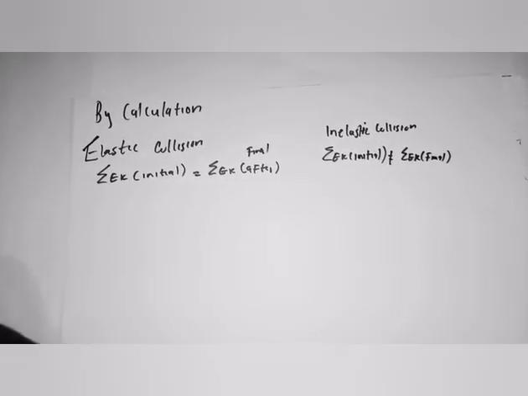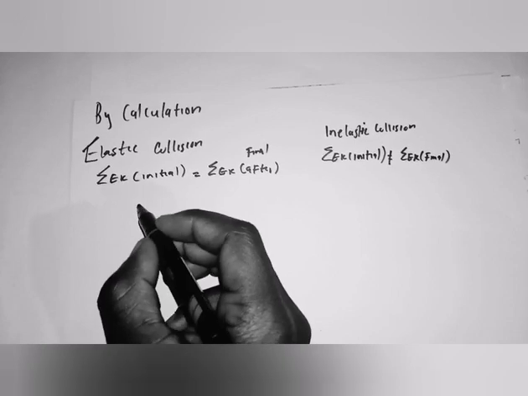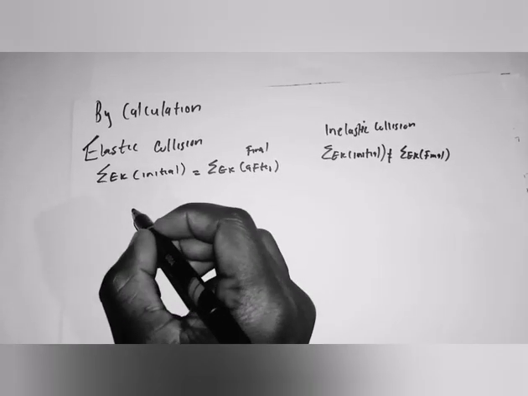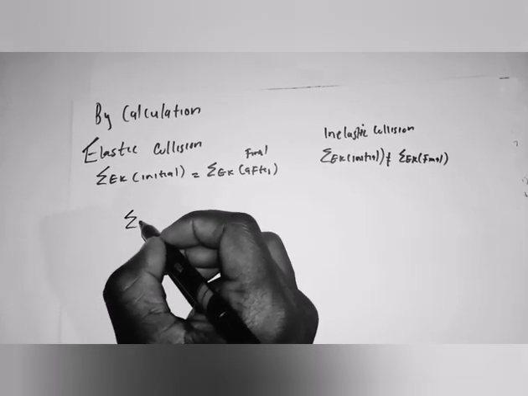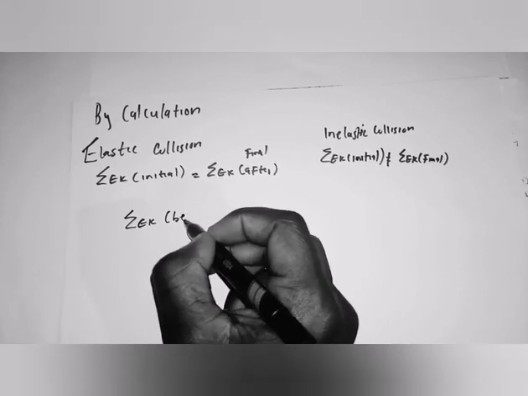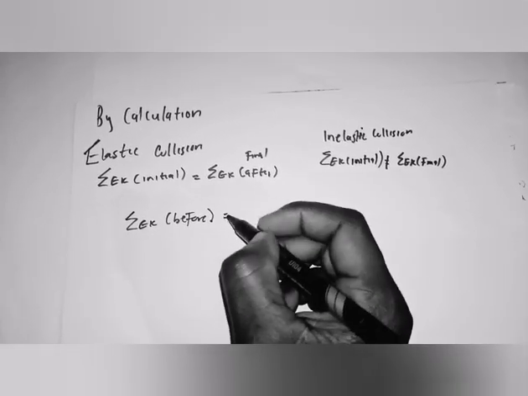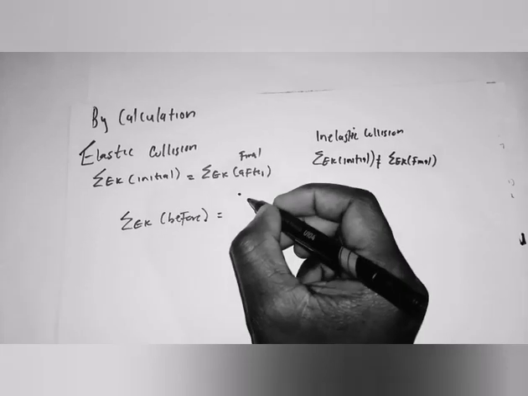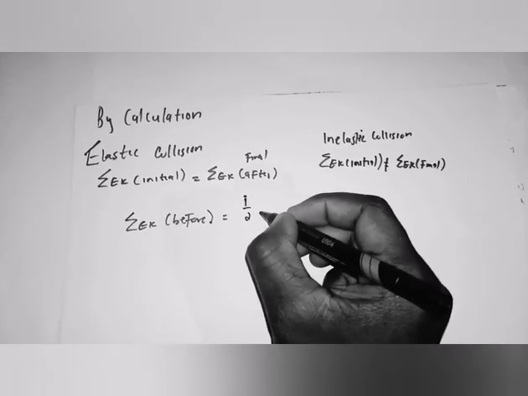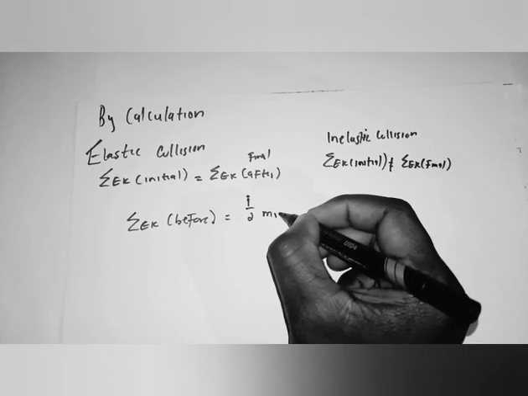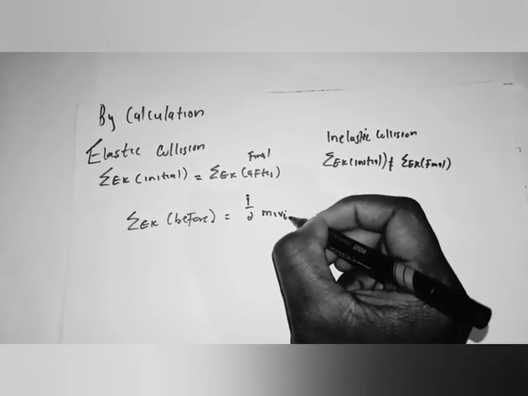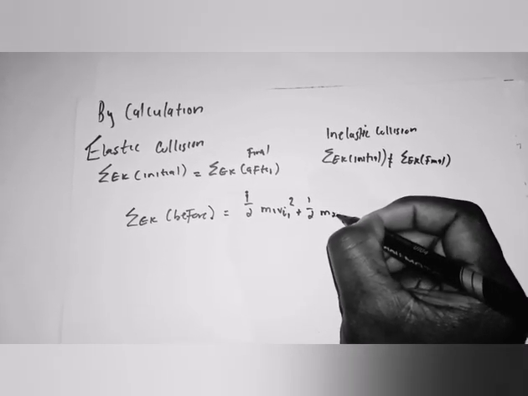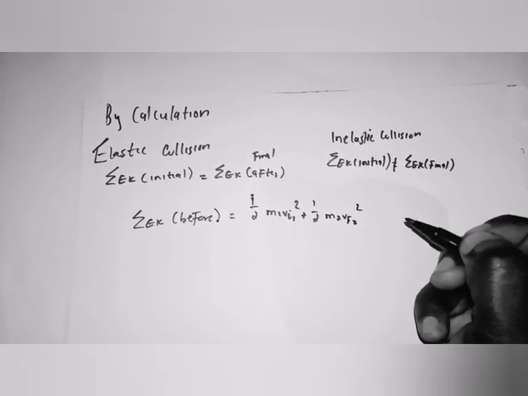So by performing a calculation to prove if a collision is elastic, the first thing that you must do, you calculate sigma EK before. If you are given a scenario, calculate the sigma EK before, which is half M1 VI1 squared plus half M2 VI2 squared.